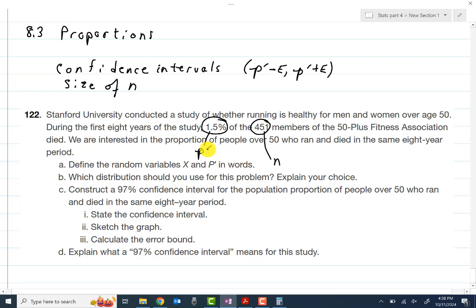Remember, the proportion of the sample is called P prime. Notice they didn't tell us how many members died. If they had told us, say, like 5 people had died, 5 would be your X, the number of successes, and you would divide it by 451. I'm not exactly sure. Just out of curiosity, let me see how many people that was that died.